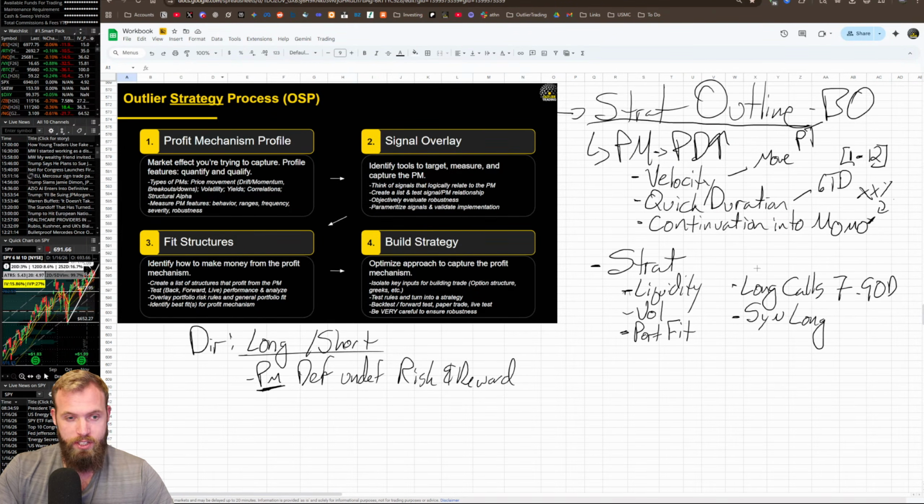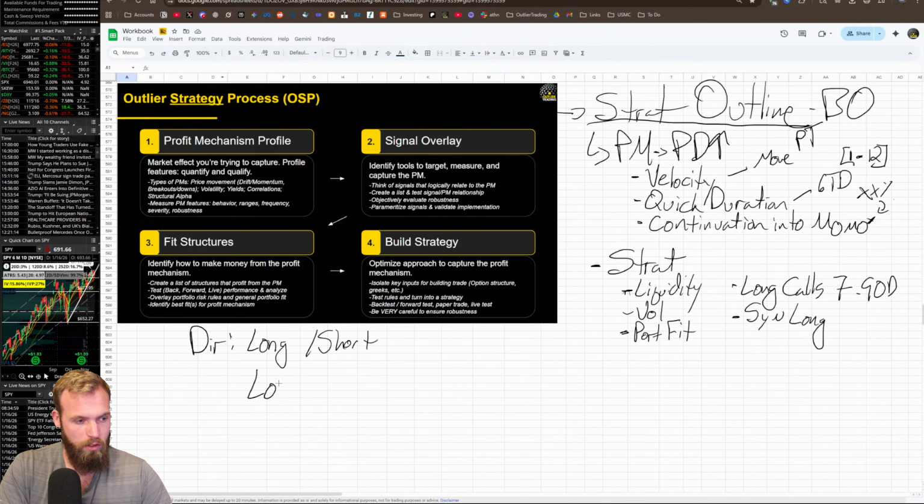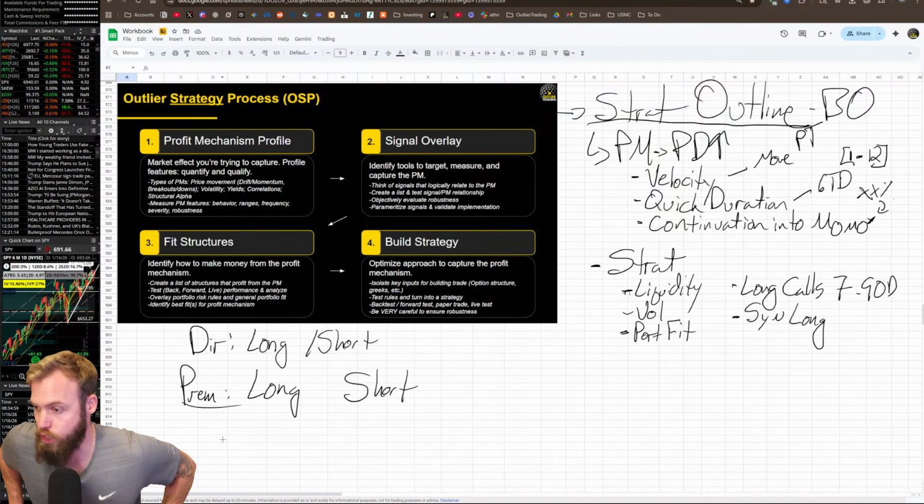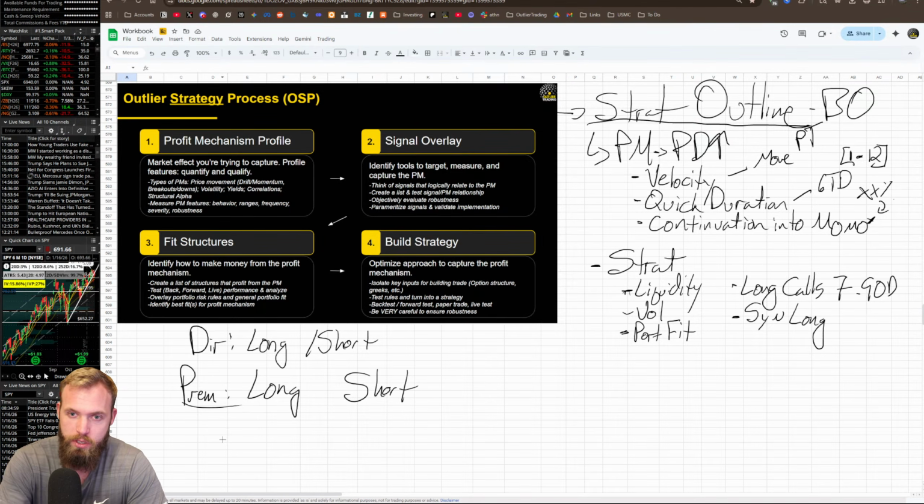If you're going through this testing process, let's say that you have a profit mechanism defined and you're going through the first question of testing long versus short premium. We know some very specific things based on our general understanding of options.